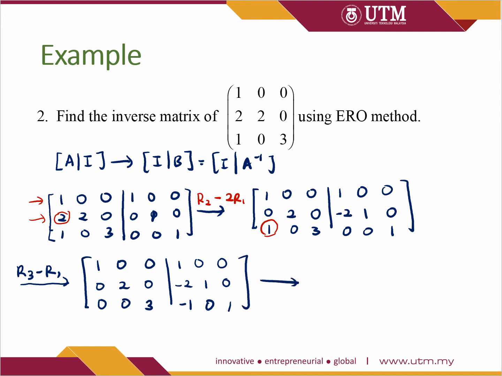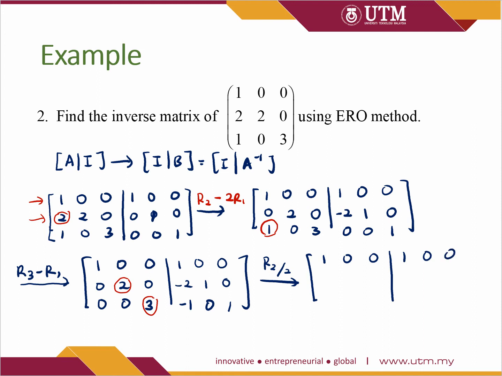Okay, now we can see that all the elements apart from the diagonal are equal to 0. So what remains is that we have to make sure that the diagonal is equal to 1. So in order to do this, our second row must be divided by 2. So we just rewrite the first row.